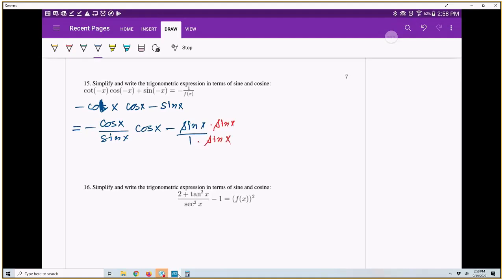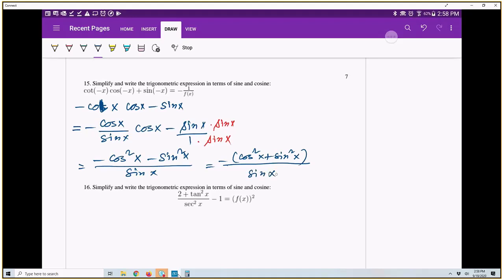And I will get minus cosine squared x minus sine squared x over the common denominator of sine x, which is minus cosine squared x plus sine squared x over sine x, and that is minus 1 over sine x, which is equal to minus 1 over f(x).